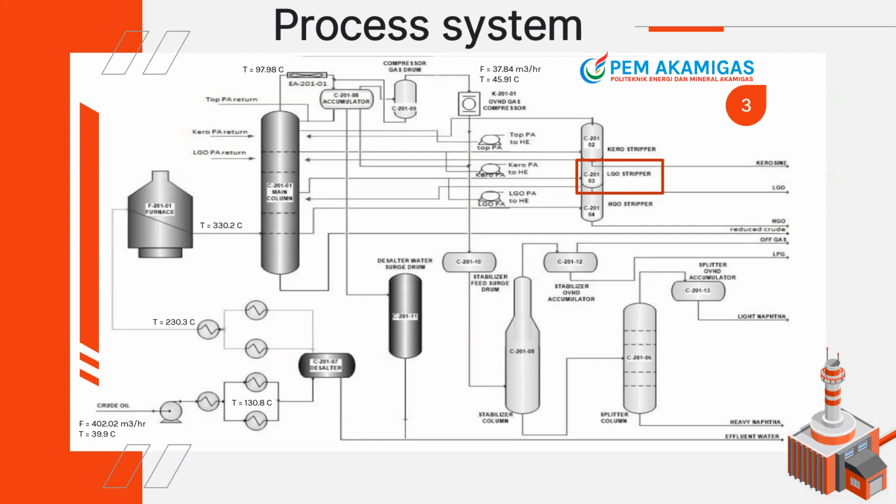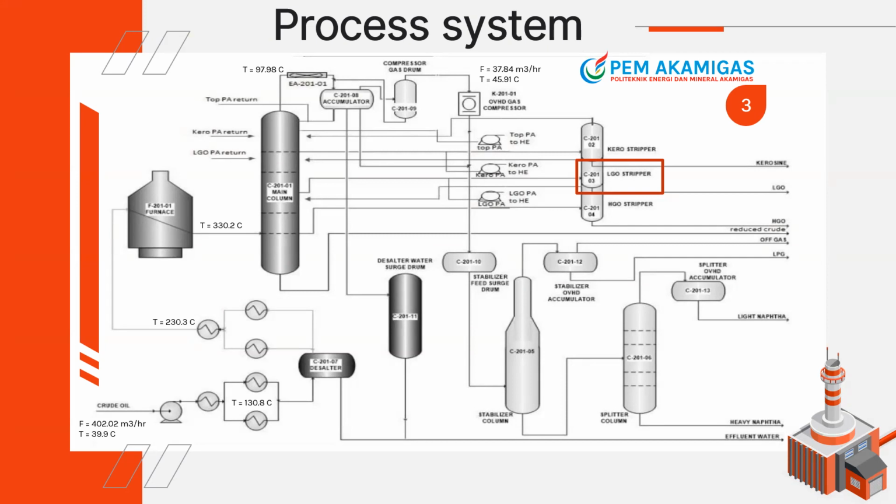The separated water is sent to the corrugated plate interceptor, or CPI, while the impurities-free crude oil that comes out of the desalter enters the heat exchanger and fired heater to be heated.